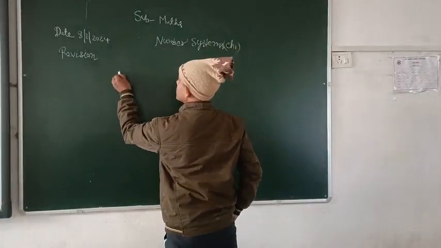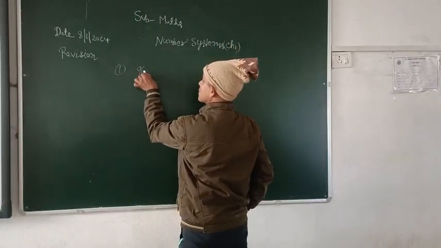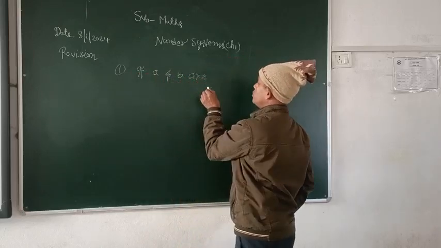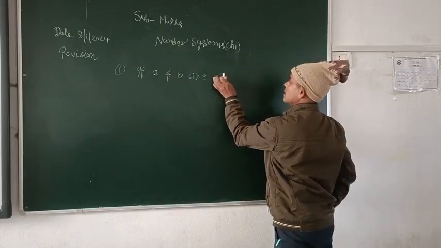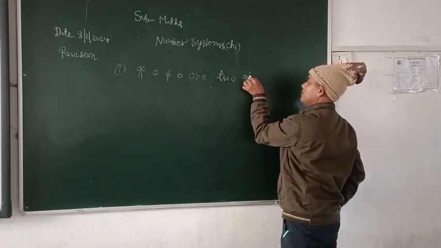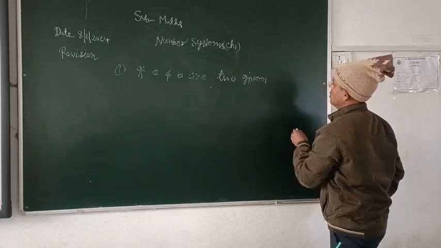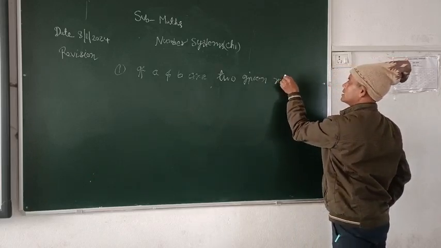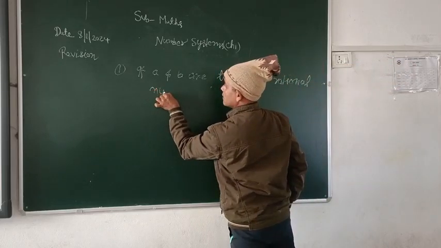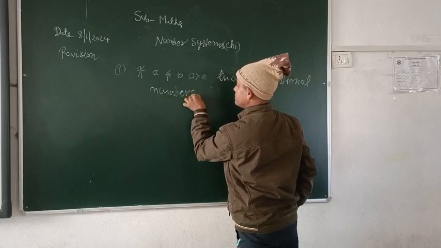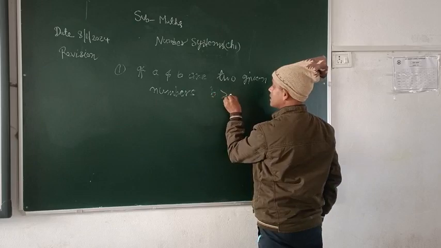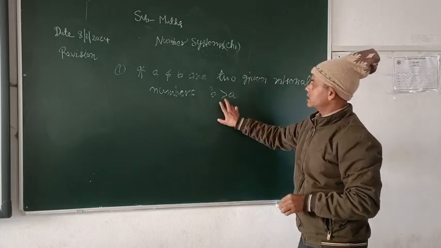So first rule, if A and B are two given rational numbers, where condition is that B is greater than A, means B is always greater than A.